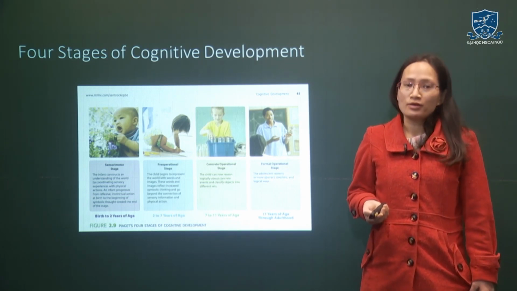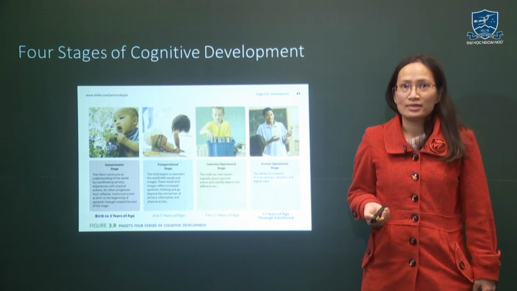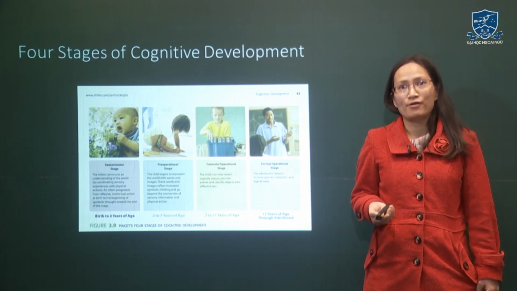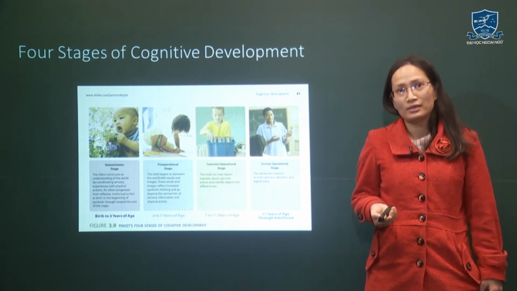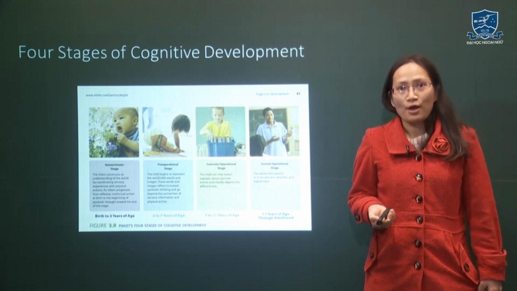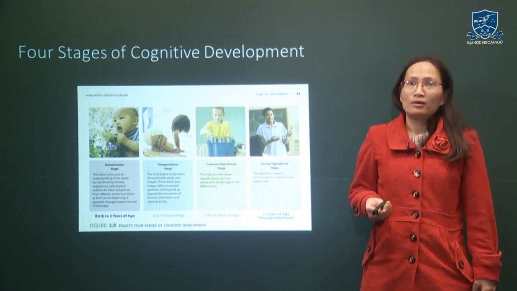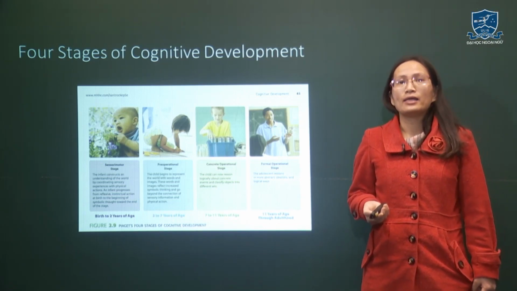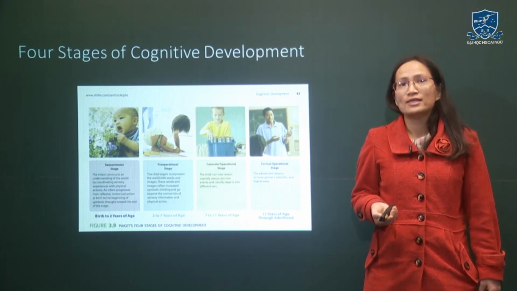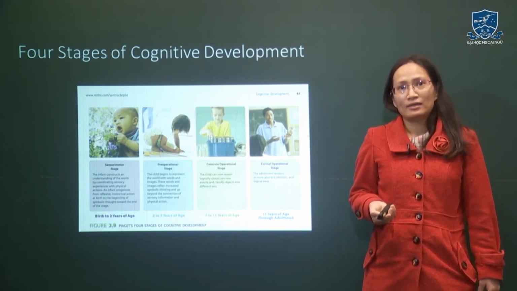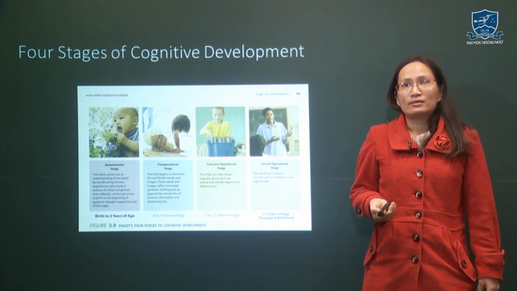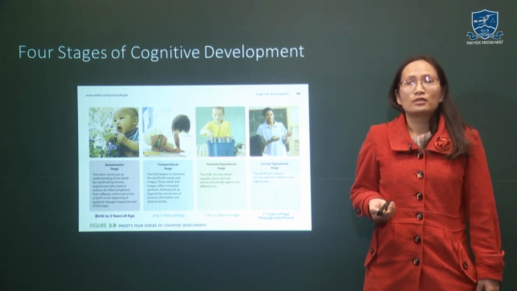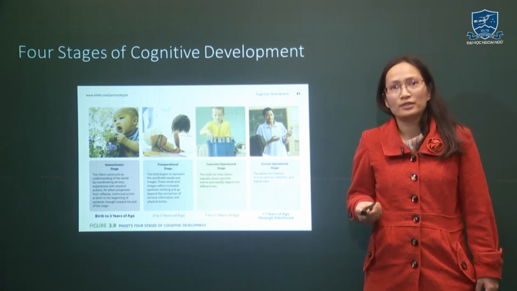At each stage of cognitive development, the learners can achieve a certain level of cognitive development. For example, in the first stage, the babies can make sense of the world with their senses, and they can direct their activities towards the goal they want to achieve.